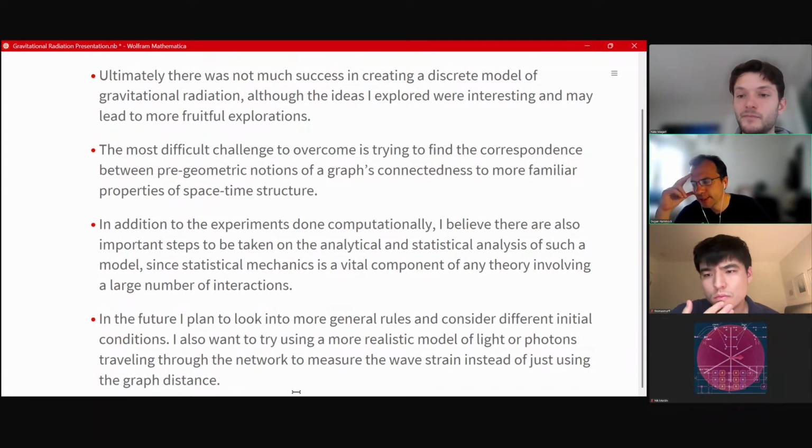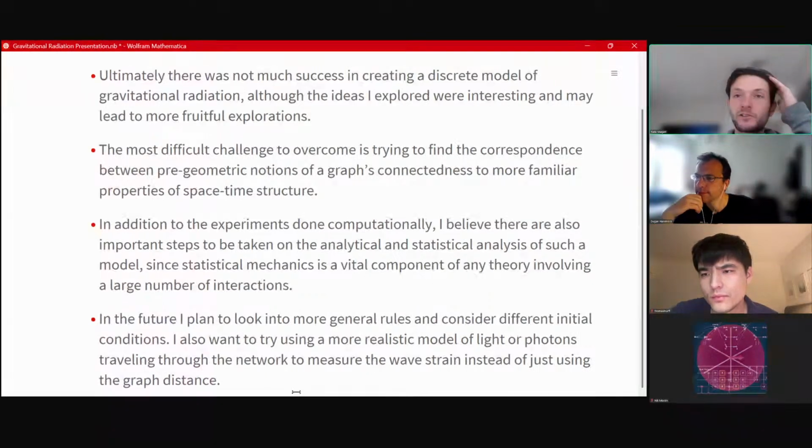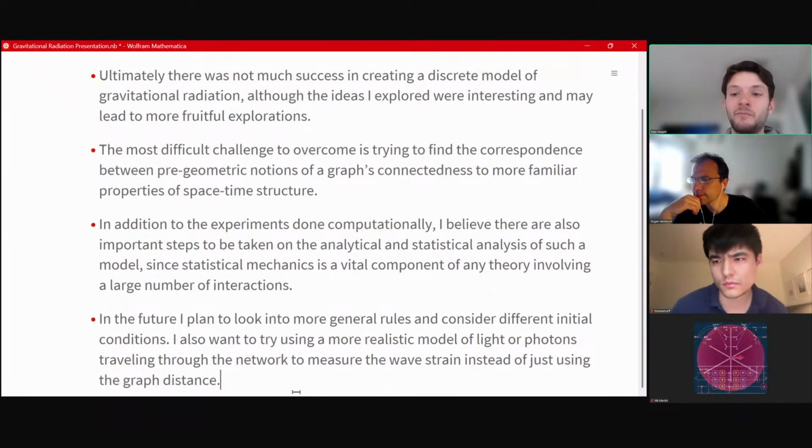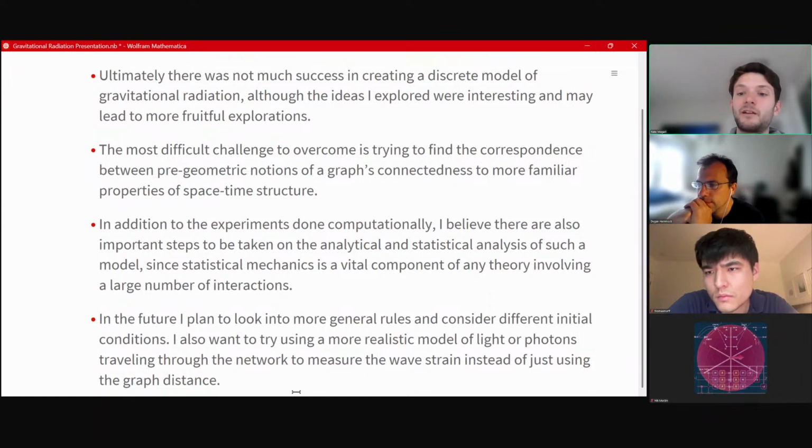And so, one question I have is, you use the same rewriting rule to have all these updates? Yeah, so from my initial toy models with simple graphs on 4 vertices, and then larger lattices, I use the same rule on all those initial conditions.